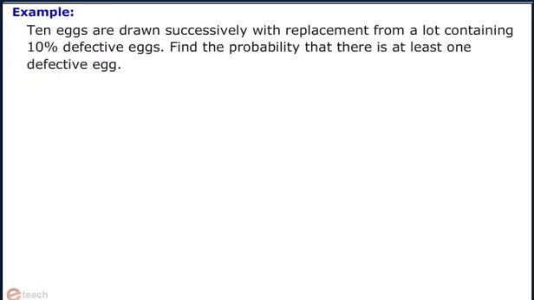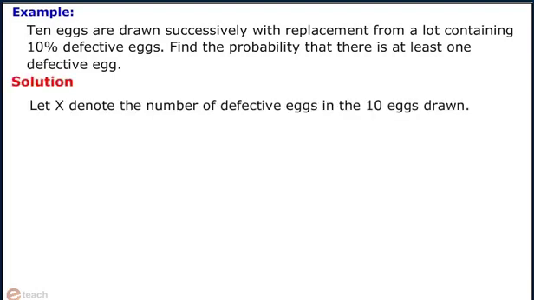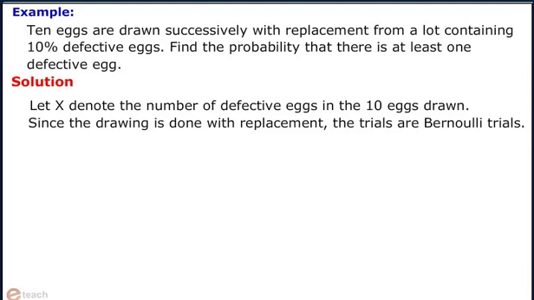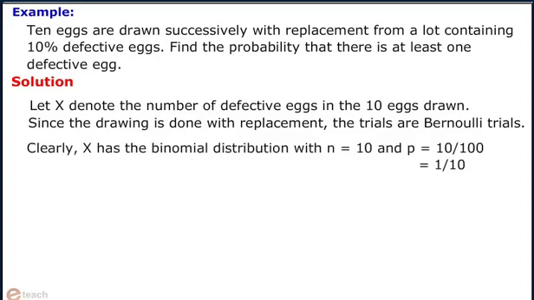Example: 10 eggs are drawn successively with replacement from a lot containing 10% defective eggs. Then find the probability that there is at least one defective egg. Solution: let X denote the number of defective eggs in the 10 eggs which are drawn. Now, since the drawing is done with replacement, the trials are Bernoulli trials. Clearly, X has the binomial distribution with n equal to 10 and p equal to 10 by 100, that is 1 by 10.